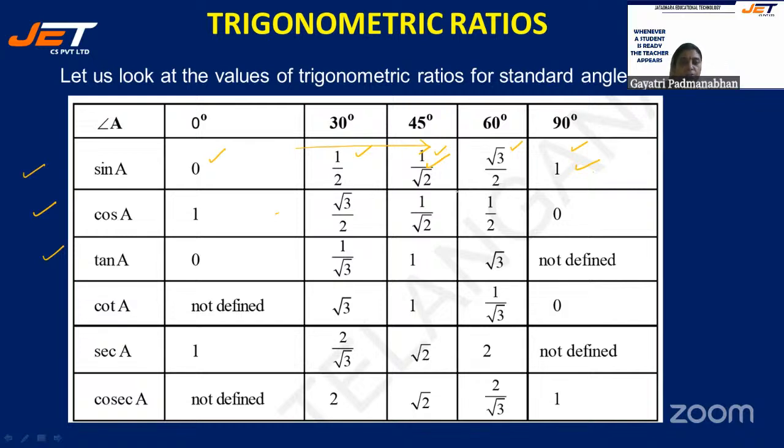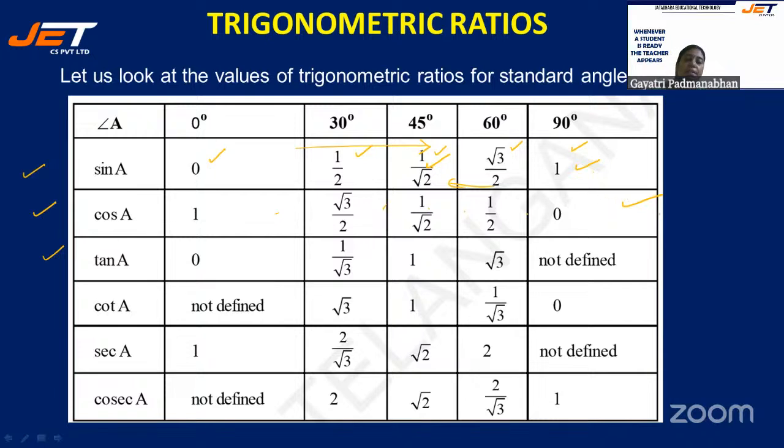The opposite way you should write it down. So 1, root 3 by 2, 1 by root 2, half, 0. That is how you learn cos also. Is it clear?